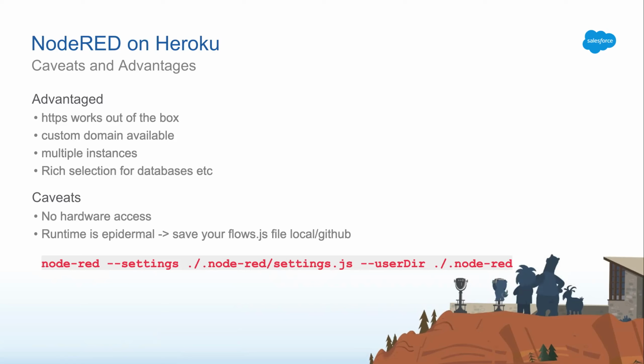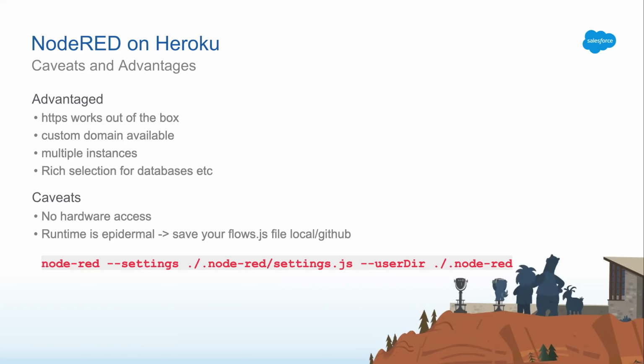And on the deck, I gave the command which I use to run my NodeRED on Heroku. And I found the easiest one is I do the flow design locally, and then just do a git push to Heroku, and then the flows restart properly with Heroku and the runtime.